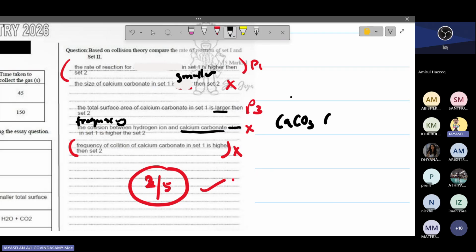Calcium carbonate is a compound. Understand? Calcium carbonate compound in set 1 is higher than in set 2. Wrong, so you already lost marks. The frequency of what collision? Effective collision. Now it is correct. I take one correct answer and show you.